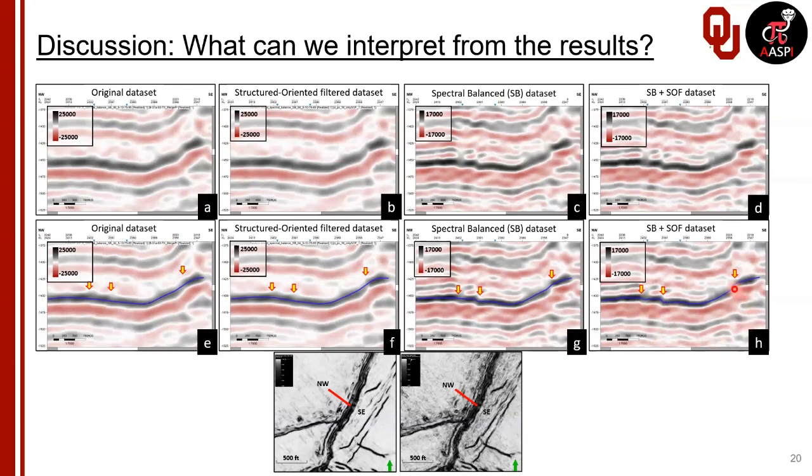We have to explore more. They are not visible in the original data set. I put here a little crop of this area, and these small features are showing up after spectral balance. So in this sense, spectral balance is helping me.